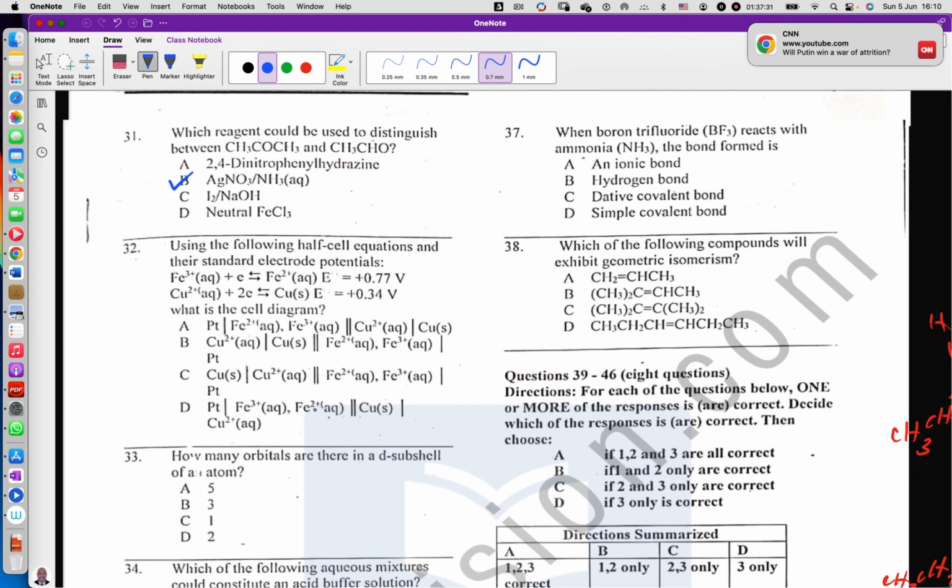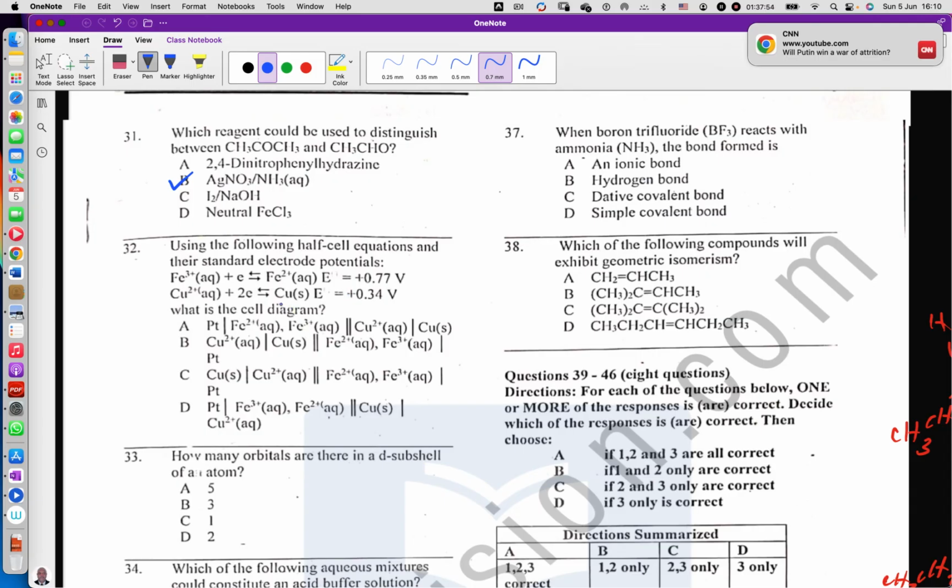Then copper again. Copper(II), with the value 0.34 volts, shows that copper is a better reducing agent, which means that it will lose electrons and become oxidized.